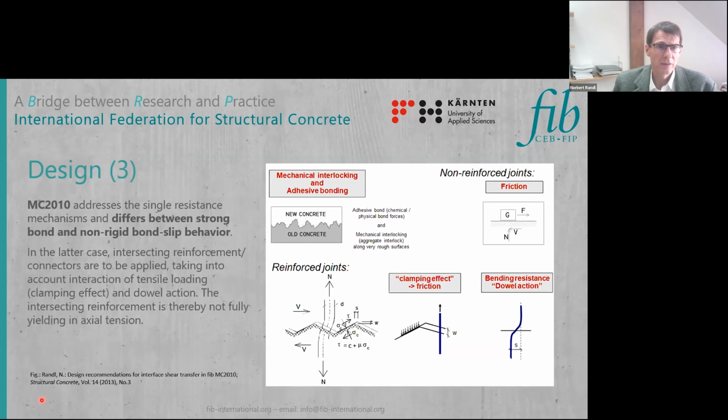And then we also have the Model Code approach, differing between rigid bond and non-rigid bond slip behavior, where the reinforcement is activated. In that case of the reinforcement, also the interaction between tensile force and bending resistance of the reinforcement is considered in this recent approach.